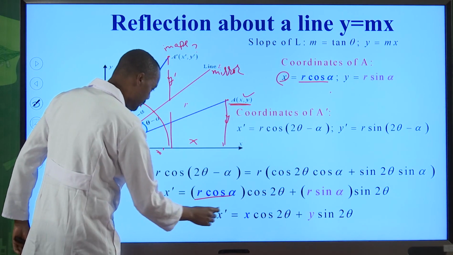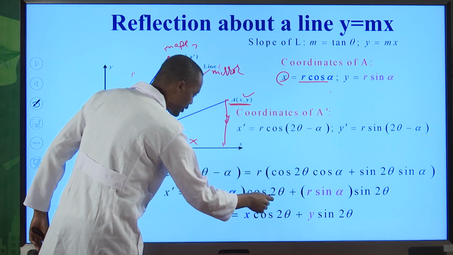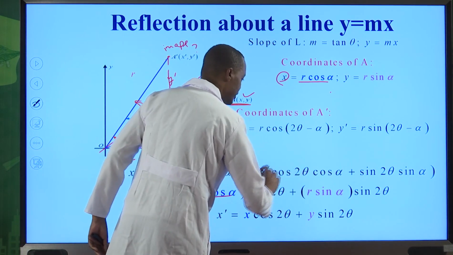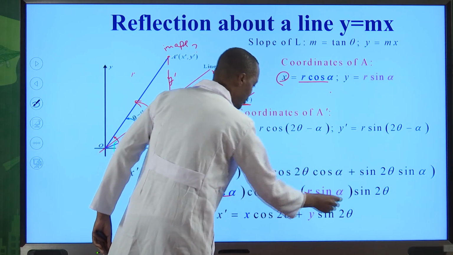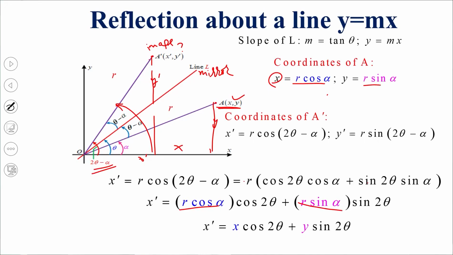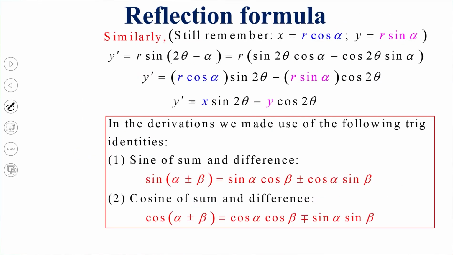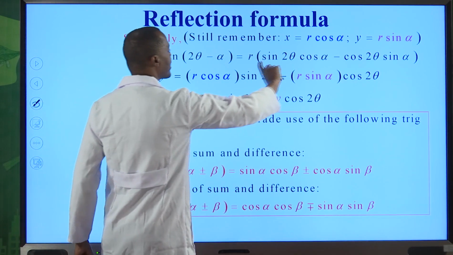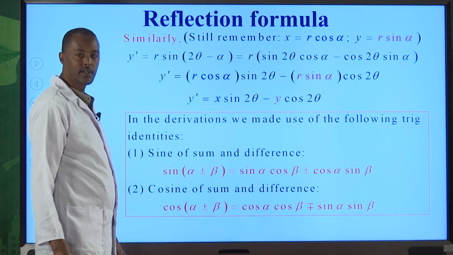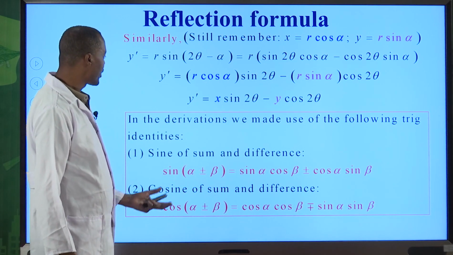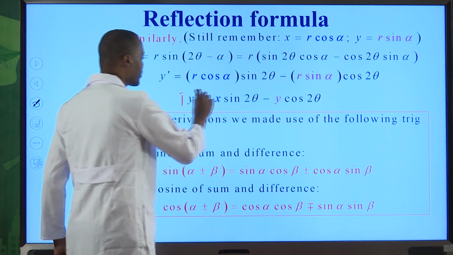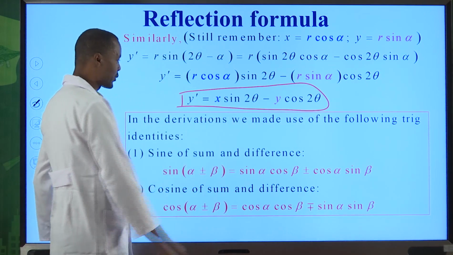So that would be x times cosine of 2 theta for this part, and r sine alpha, that is already y. Then we replace it by y. So x prime is simply x cosine of 2 theta plus y sine of 2 theta. With a similar argument for y prime, r sine of 2 theta minus alpha is expanded in this way, and substituting the values for x and y, we can finally write y prime as x sine of 2 theta minus y cosine of 2 theta.